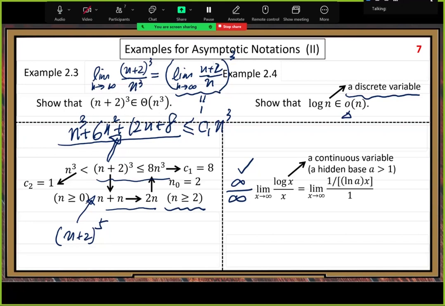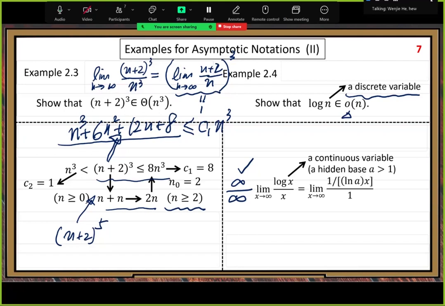For the numerator, you can search and find the formula: 1 over a constant, natural log of a, times x. We know this constant is positive because a is greater than 1.